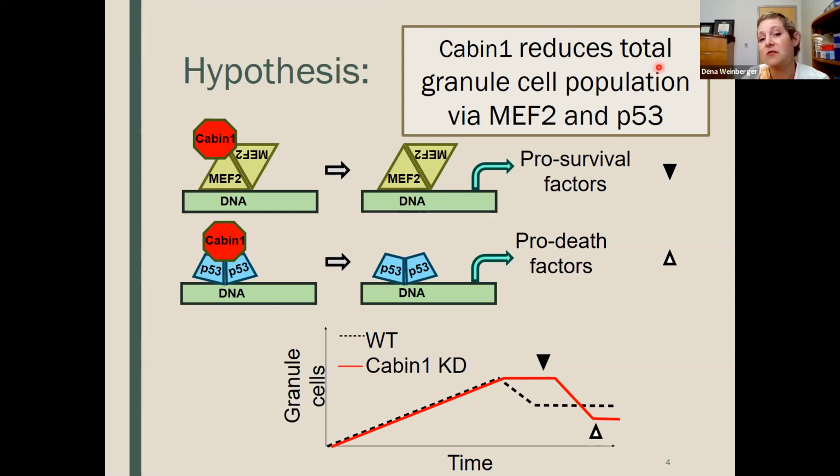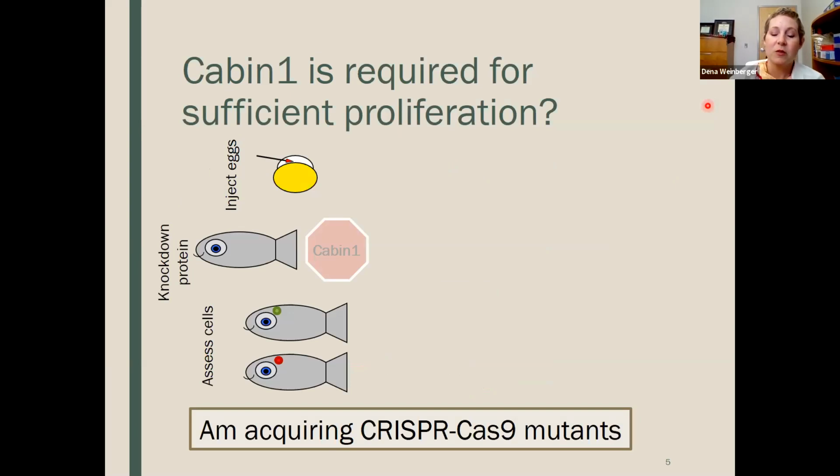My hypothesis for this section is that cabin is playing a role in the development of the cerebellar granule cell population through some sort of interaction with MEF2 and/or P53. There's going to be some sorting to see which one is involved in the future, or both. What I'm looking at is what happens if I knock down cabin using morpholinos, so that I get a total reduction, but not a 100% elimination.